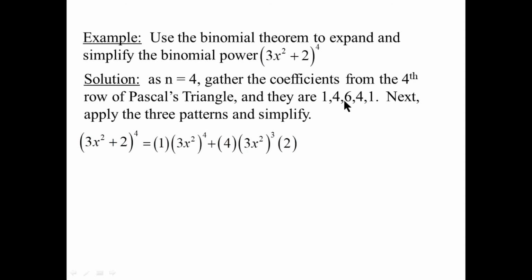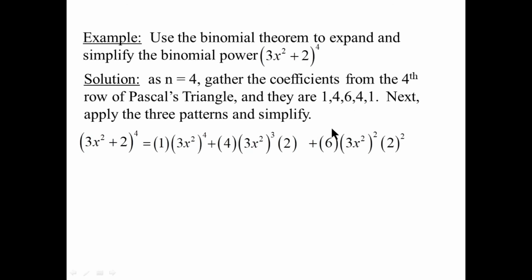Next, reach up here and take a coefficient, which will be plus 6 in brackets, and then apply the rest of the patterns. 3x squared to the 4, 3x squared to the 3, now 3x squared to the 2. Meanwhile, 2 has been to the 0, to the 1, and now it's to the 2. Next, reach up here, grab a coefficient.